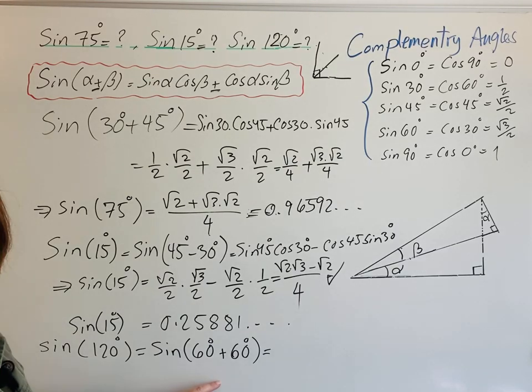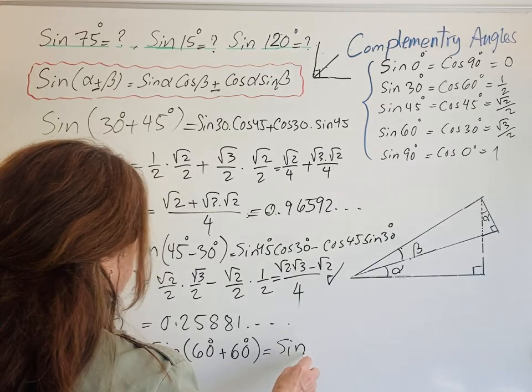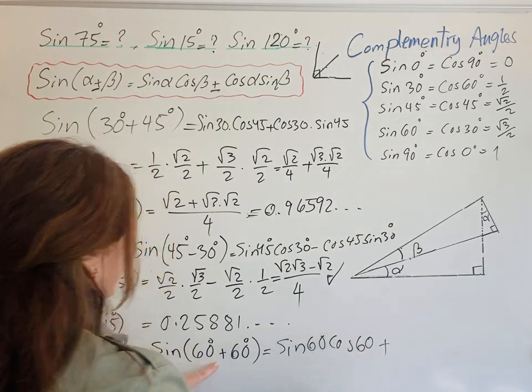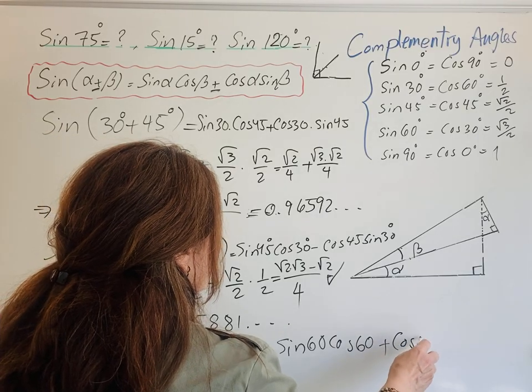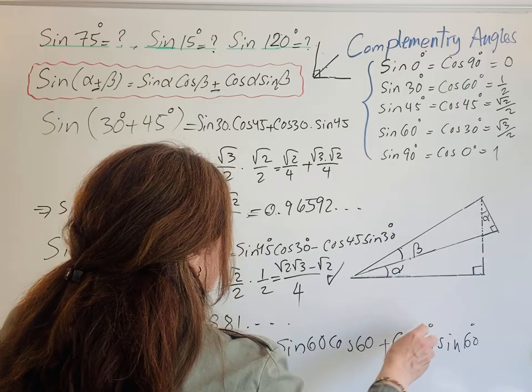It can be sine of 60 cosine of 60 plus cosine of 60 sine of 60, right?